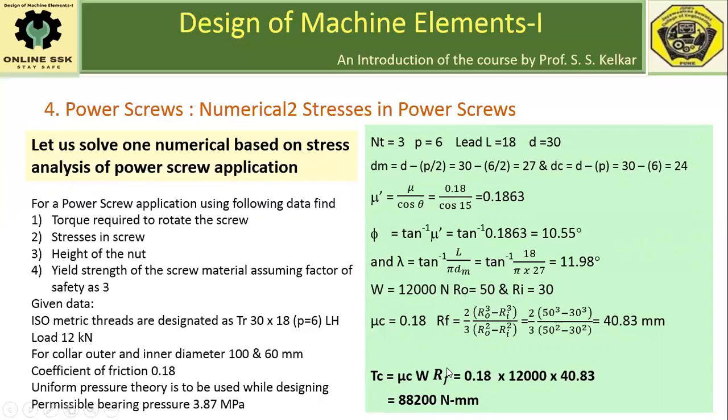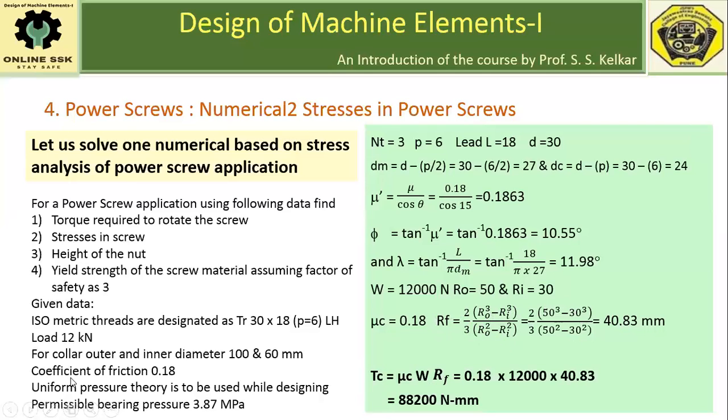So we need to use friction radius, which is given by 2/3 of RO cube minus RI cube divided by RO square minus RI square. Values of RO and RI are known to us. Therefore, RF can be calculated, which is equal to 40.83 millimeters.